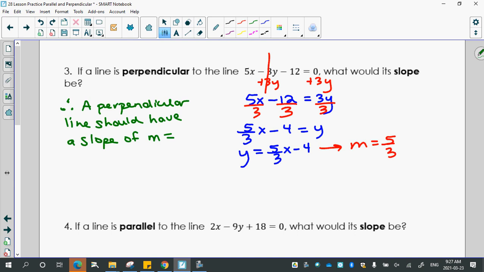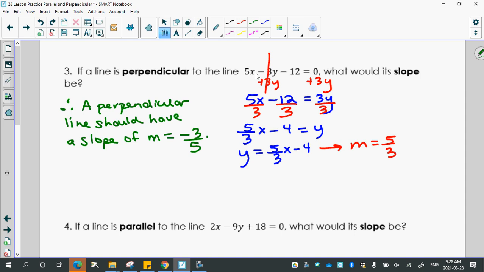Everyone good that perpendicular has to be negative? Yep. What is the whole answer? -3/5. Yes. And that would be the full answer there. That's what you need to show for full marks. You got the slope of this one and identified it, and realized perpendicular should be opposite sign and rise and run flip.